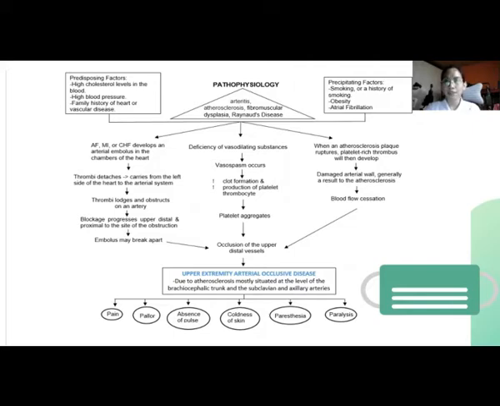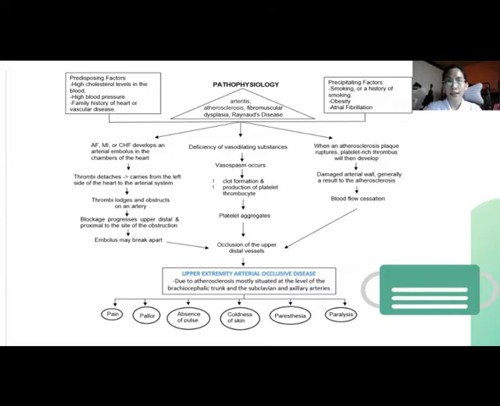Its precipitating factors are smoking or any history of it, obesity, and atrial fibrillation. Its etiology is placed in the middle, which are arteritis, atherosclerosis, fibromuscular dysplasia, and Raynaud's disease.